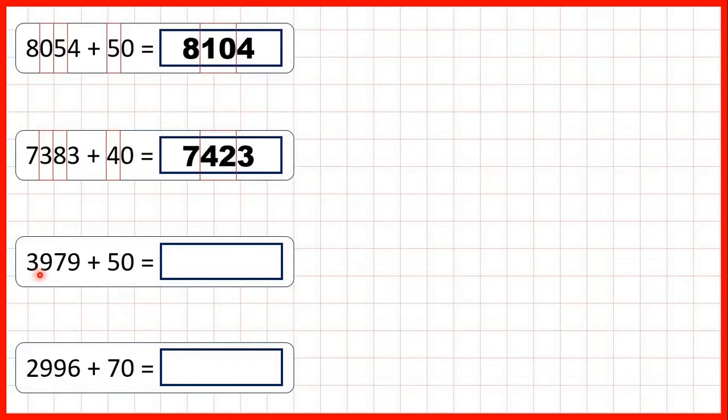Now 3,979 plus 50. If we highlight our tens digits, that gives us a 2-digit number. But then, if we highlight our hundreds digit as well, that gives us a 3-digit number, and we only have 2 digits highlighted. 97 plus 5 is 103, but we've only highlighted 2 digits. So we need to highlight our thousands digit as well.